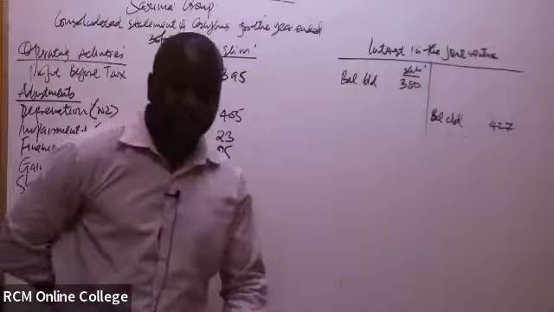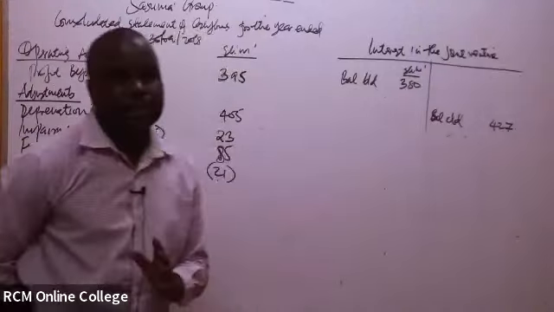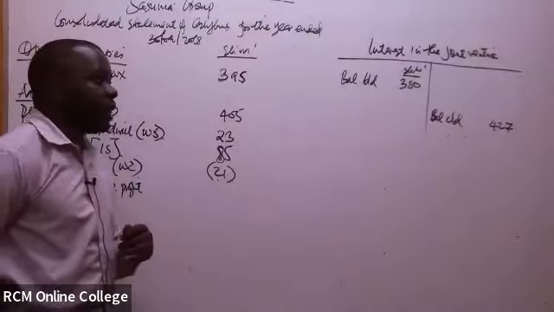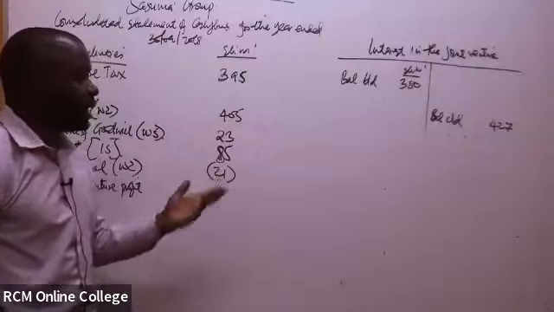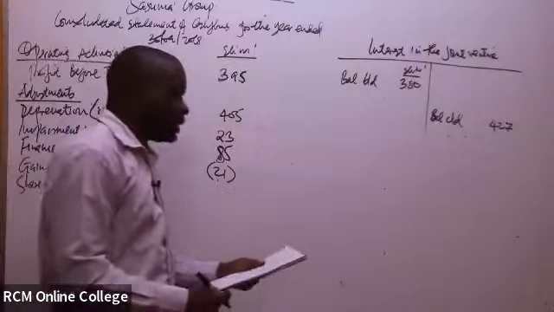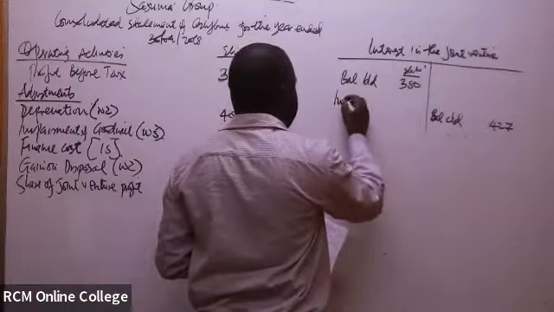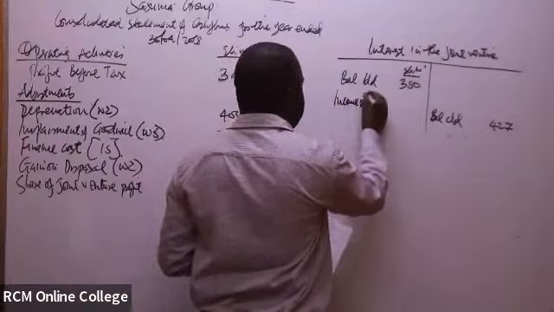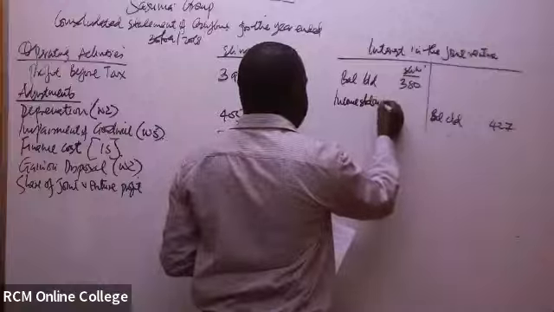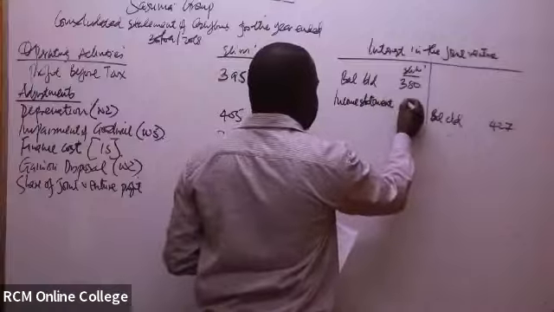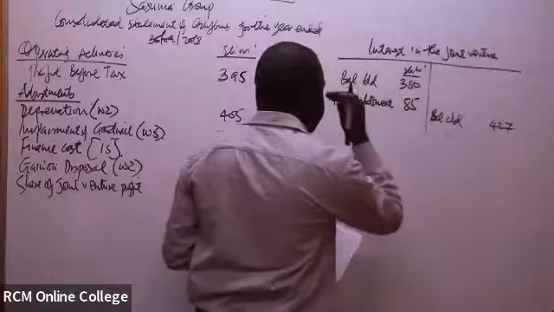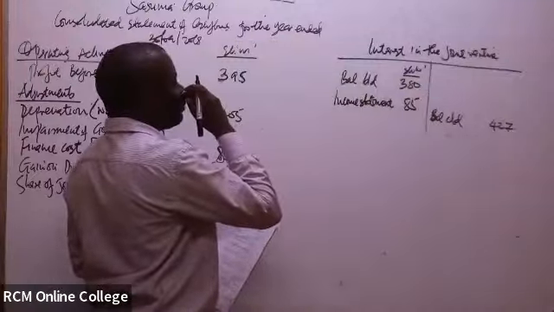In the income statement that was a gain, an income, so it is credited. Here in this account we debit it, the profit from the joint venture of 85.